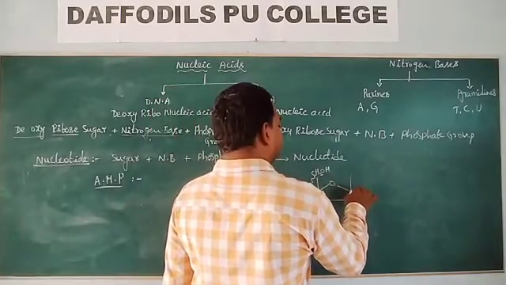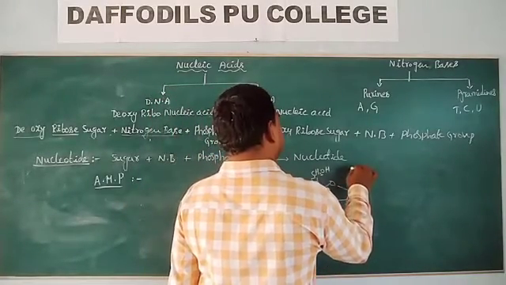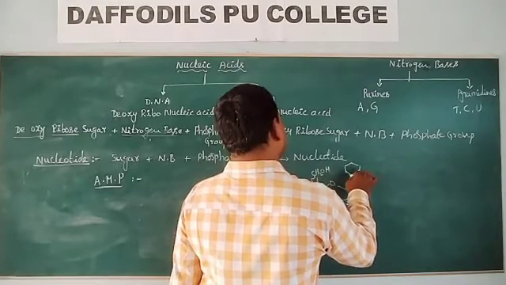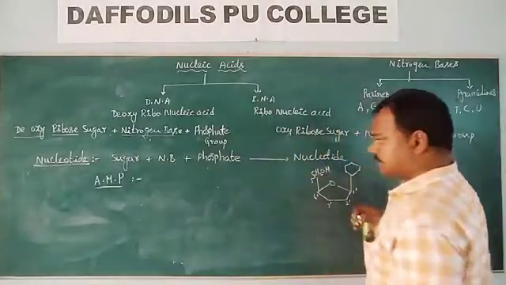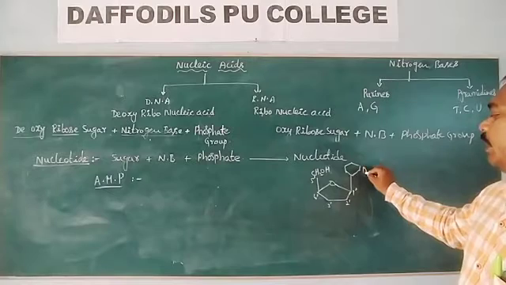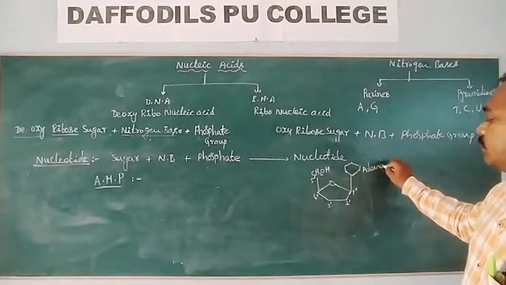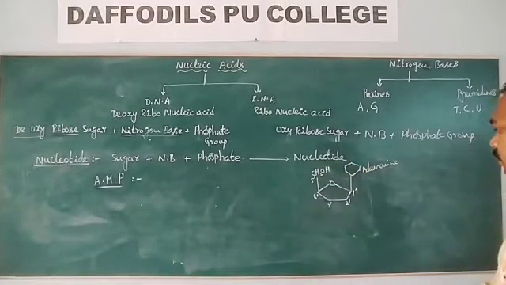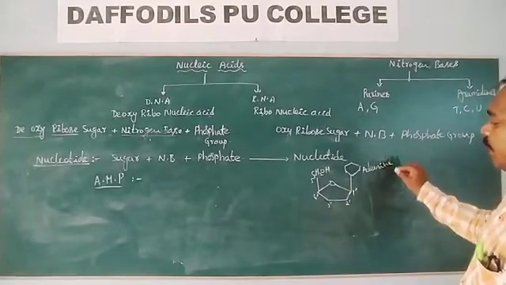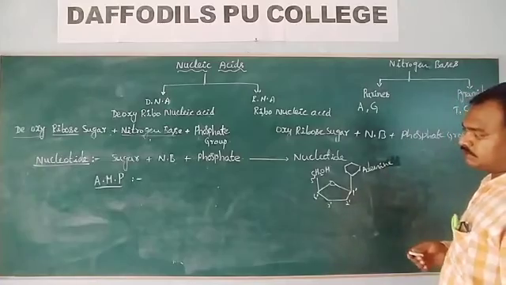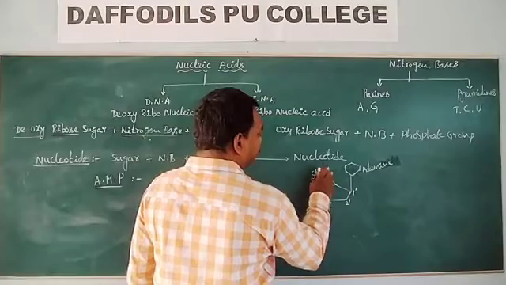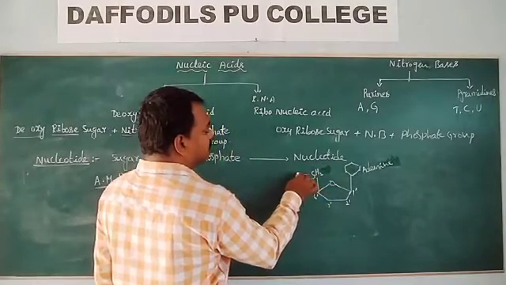To the 1 prime carbon of the sugar, the nitrogen base adenine is attached. And to the 5 prime carbon, a phosphate group is also attached.